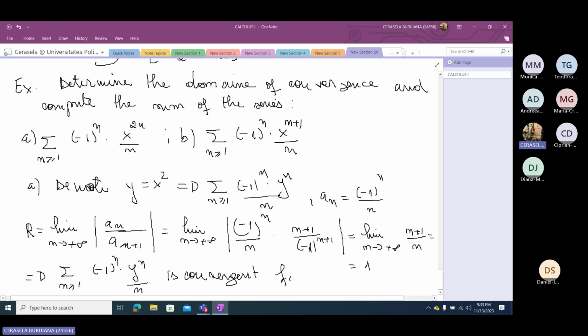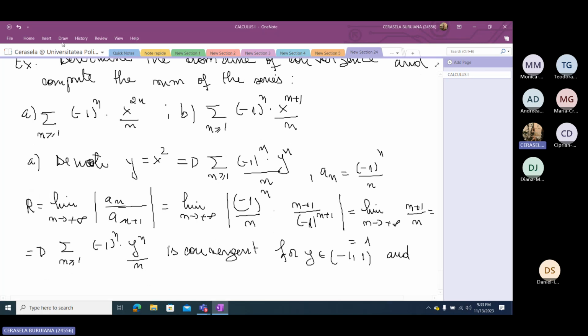So convergent for y in (-1, 1) and divergent for y in (-infinity, -1) union (1, plus infinity).